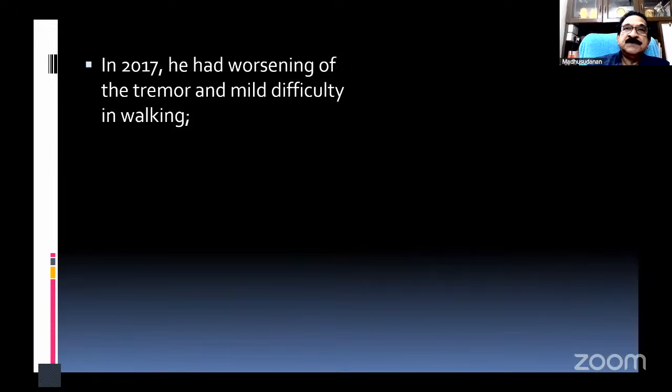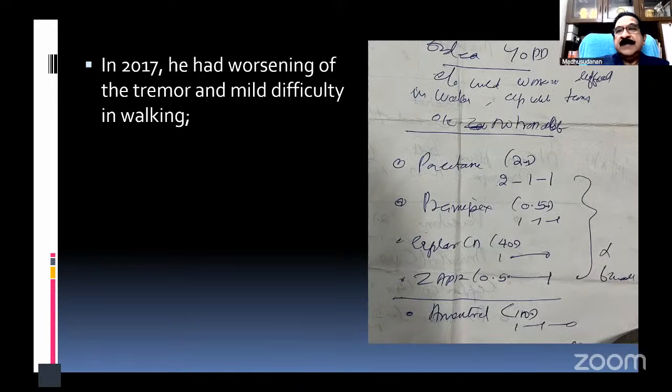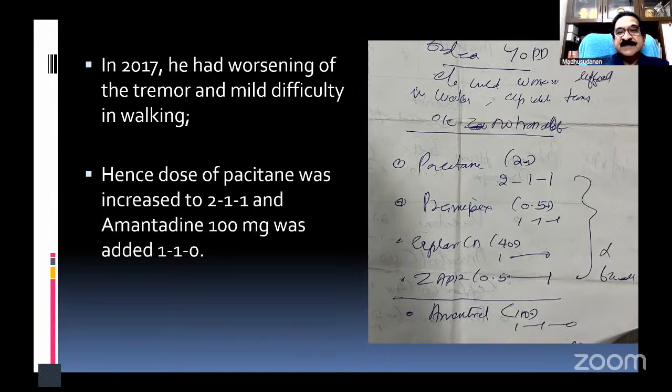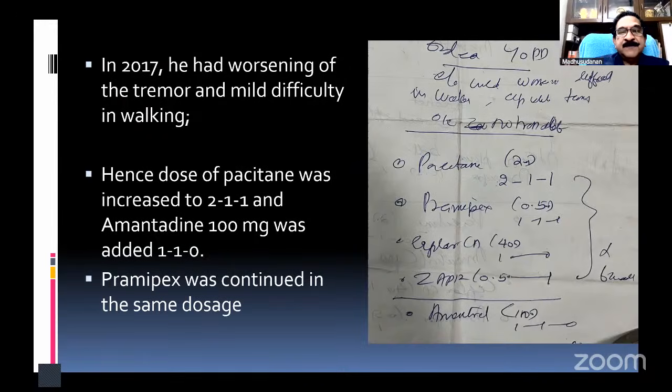In 2017, 7 years after the onset, he had worsening of the tremor and mild difficulty in walking. So I increased the dose of Pacitane and added amantadine. Primipex was continued at the same dosage, 0.5 milligram 3 times daily.